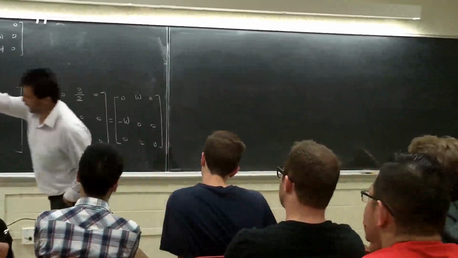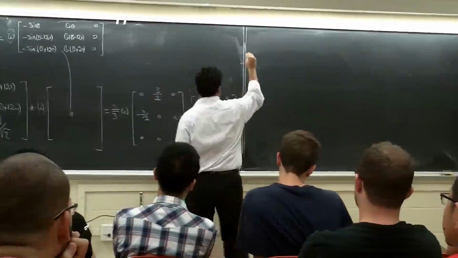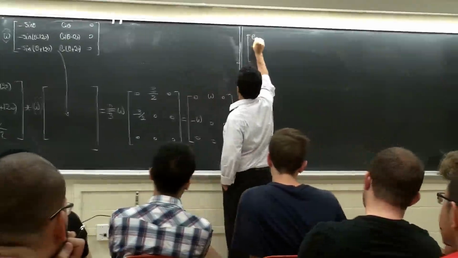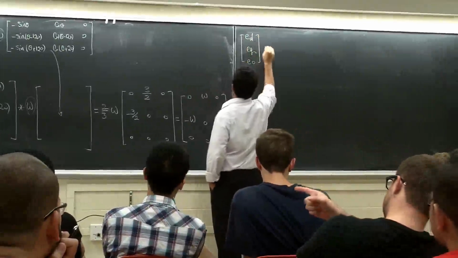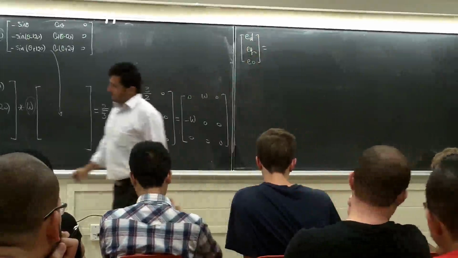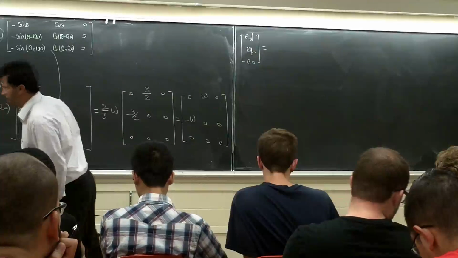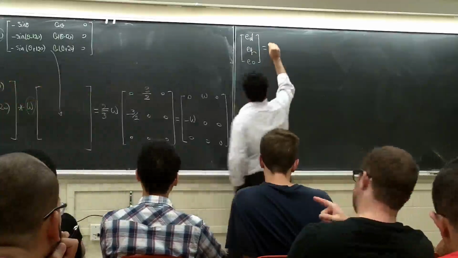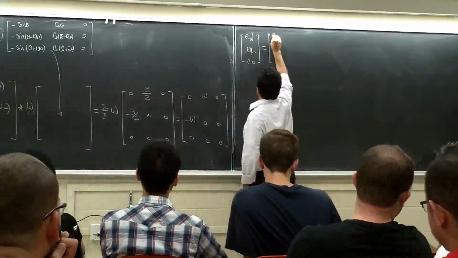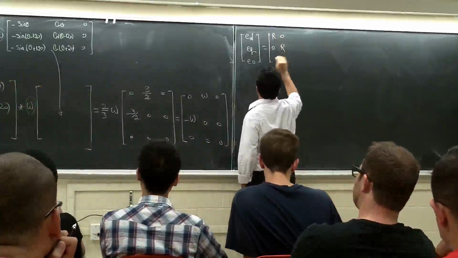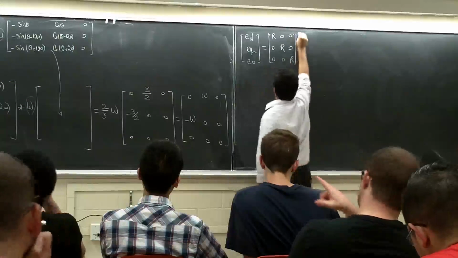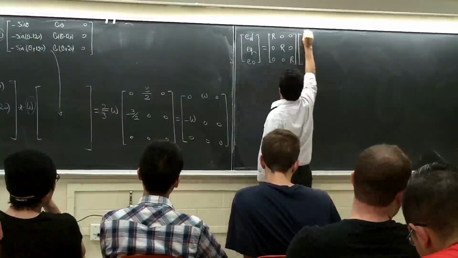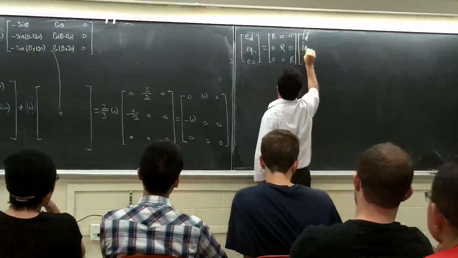Let's start with that equation. E_DQO is going to be E_D, E_Q, E_O, right? Is equal to. We have R_DQO, which is R 0 0, 0 R 0, 0 0 R, times I_DQO, which is I_D, I_Q, I_O.